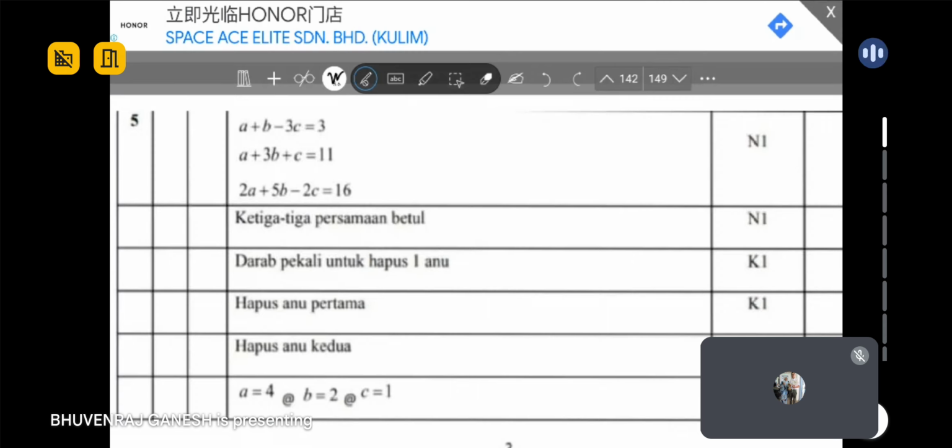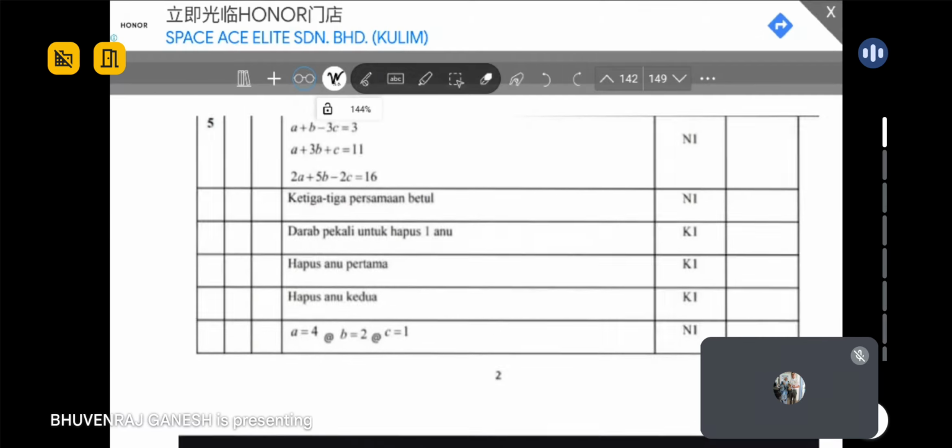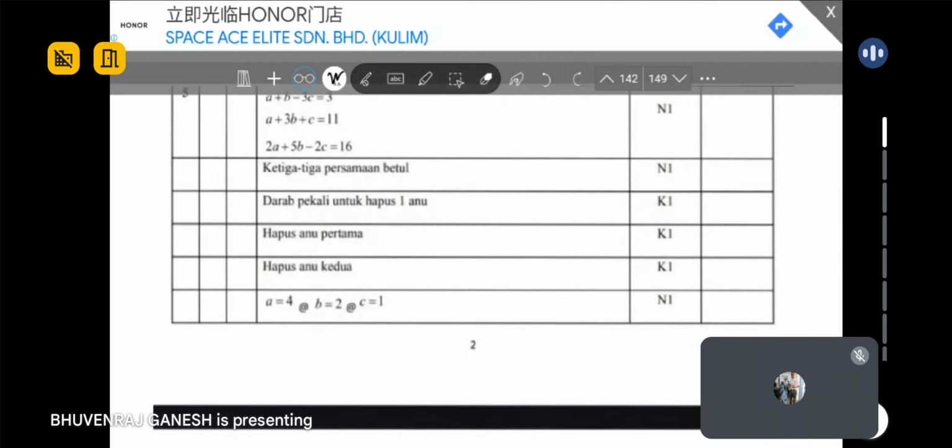When you use the substitution method, you will not see elimination at all, because substitution is the major method. Kaedah penggantian tu adalah kaedah yang major. Penghapusan minor. So these are the answers.